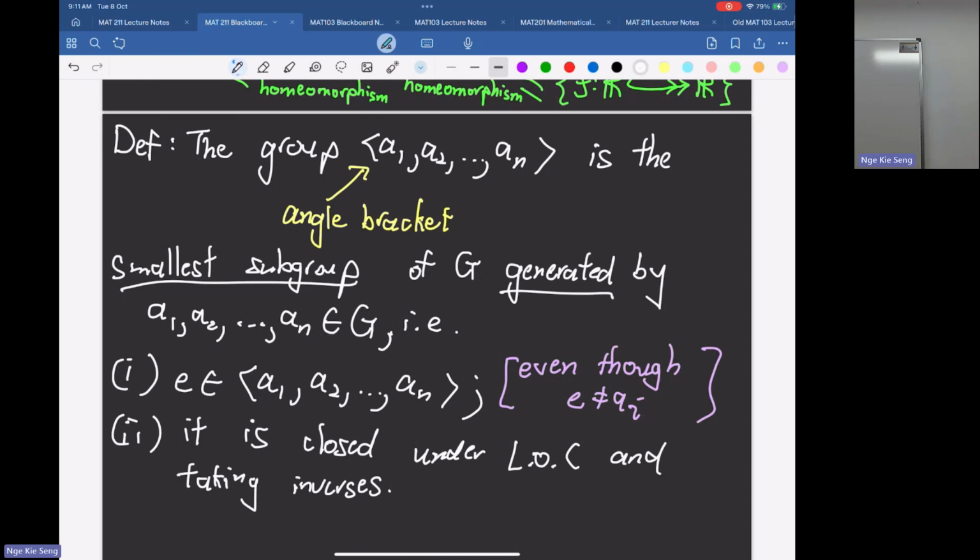What do you think? You don't know. Okay. Do you know what closed under composition means?